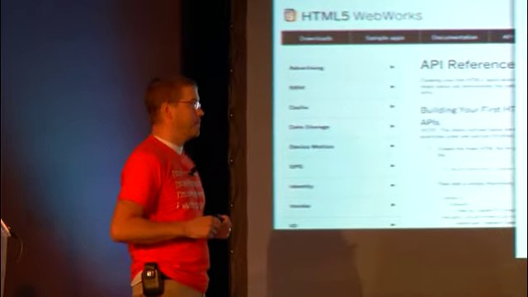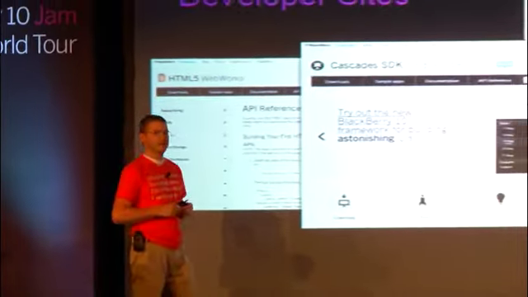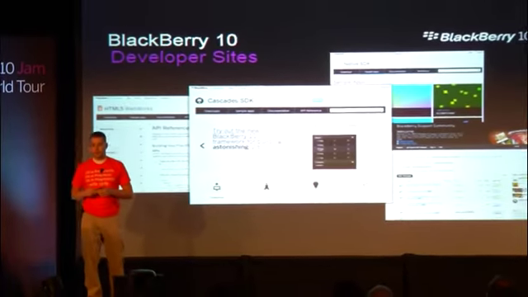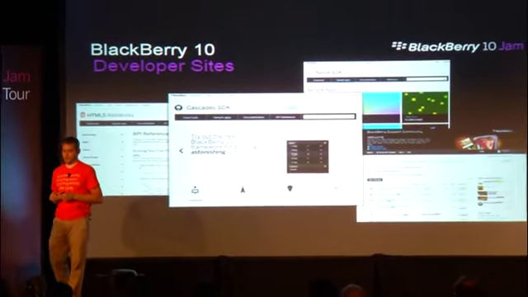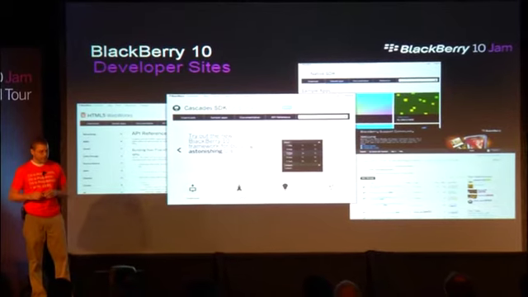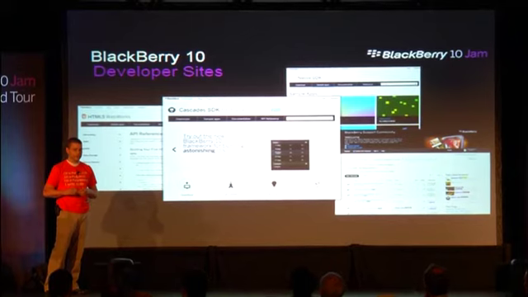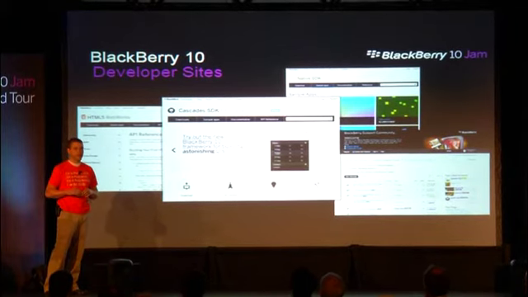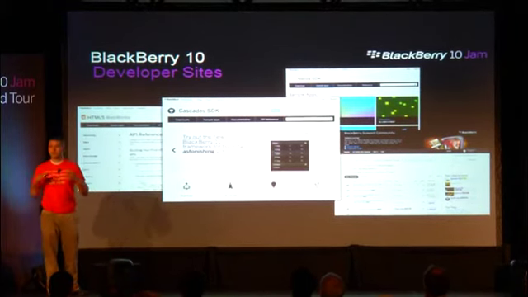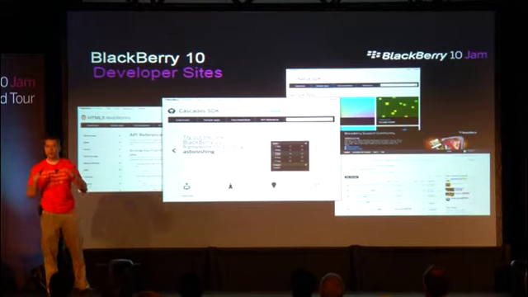One of the other big pieces of feedback that we received from all of our developers was around our web presence. And we had lots of great conversations with our existing BlackBerry Java developers, and the overwhelming response is it's hard.